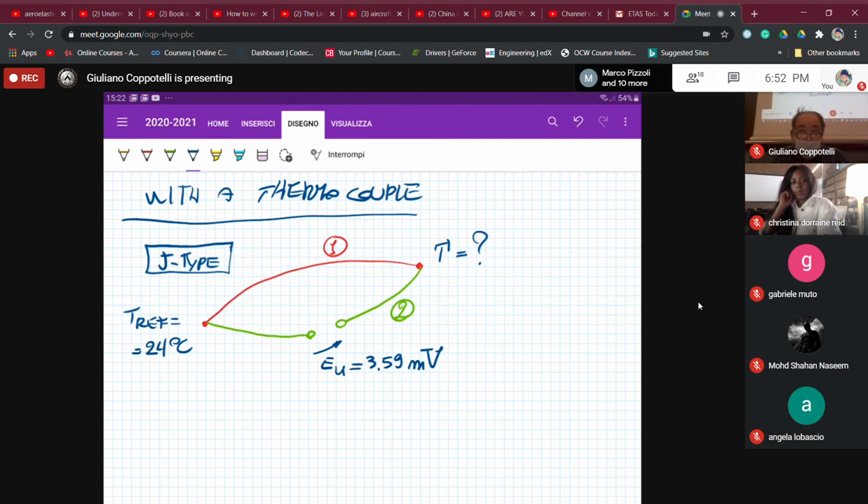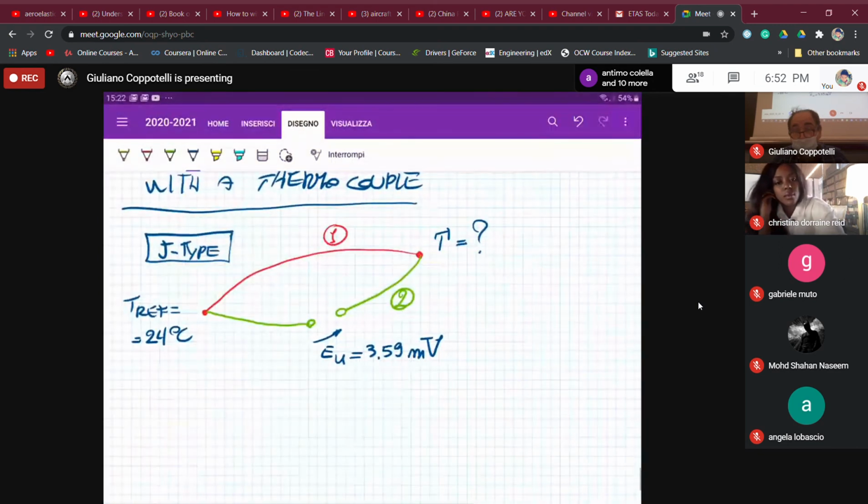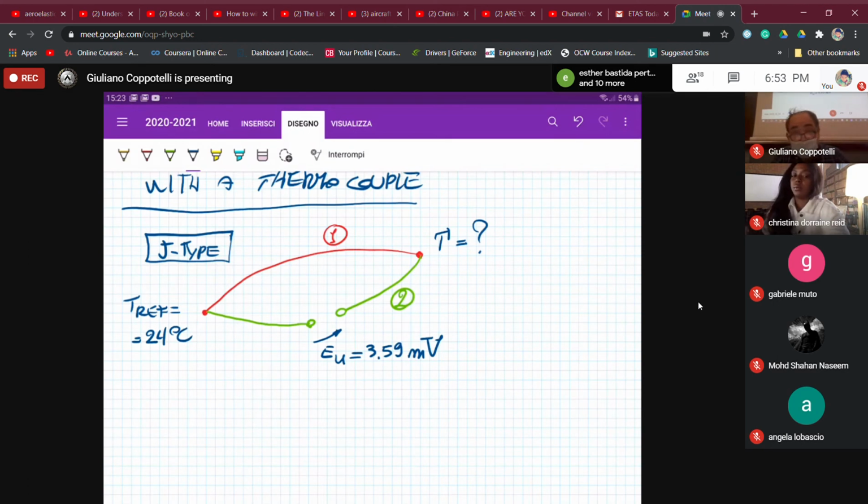So it would be very difficult to have a handy way to measure the temperature, because you have too many unknowns: the cold temperature and the thermocouple type in terms of couple of materials. That could make the measurement impossible. So what is done is using the previous laws, specifically the intermediate temperature law.